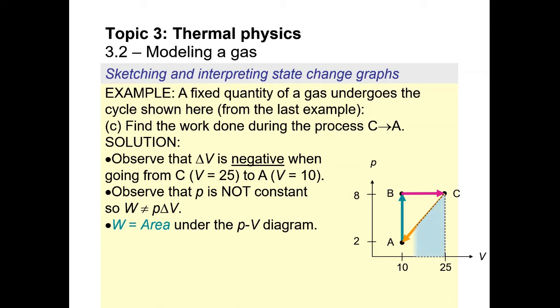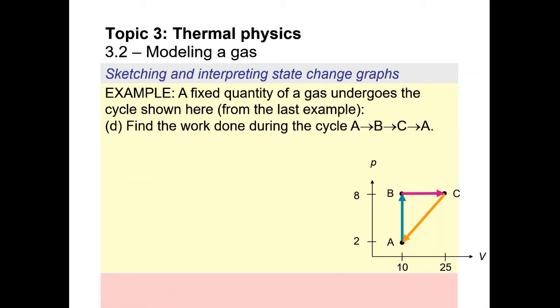That is, area under the line is a trapezium. But we can divide that into triangle and rectangle. That is equal to, minus sign indicates change in volume is negative when going from C to A and contracting. That's why it's a negative sign. And area of the rectangle is 2 times 15 plus area of the triangle is 1 over 2 times 6 times 15. That gives us minus 75 joule.